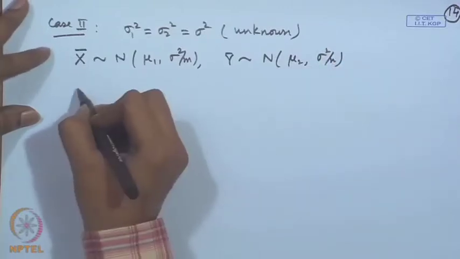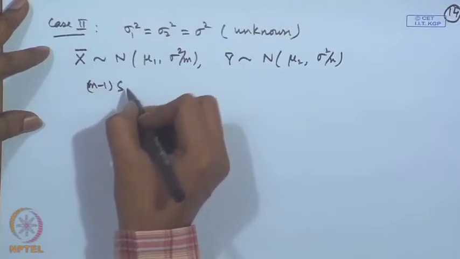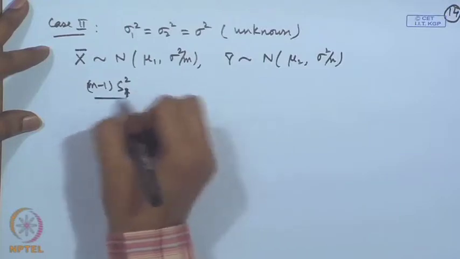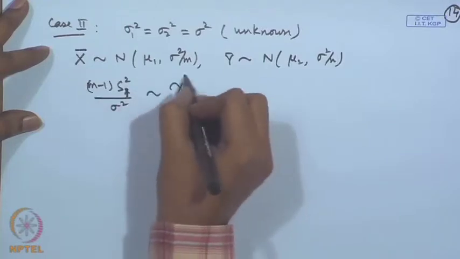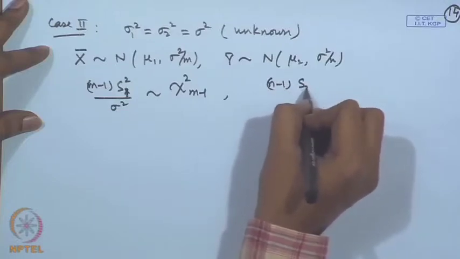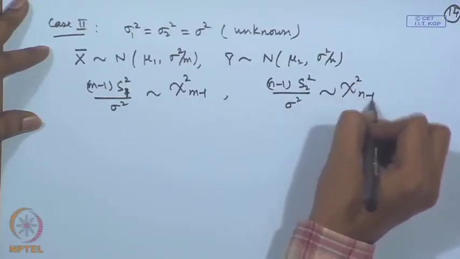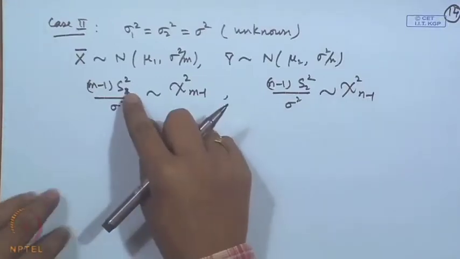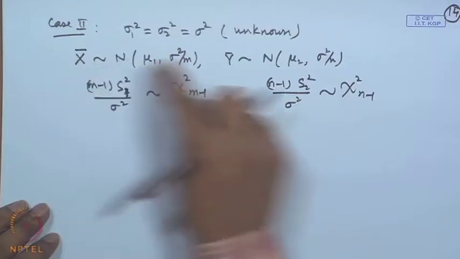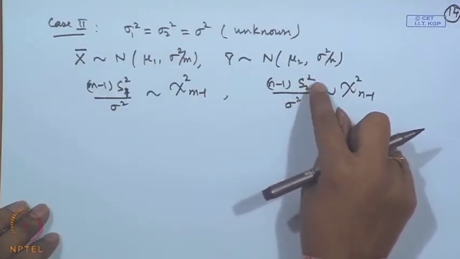But at the same time, let us also consider (m minus 1) s1 square by sigma square, that follows chi square distribution on m minus 1 degrees of freedom, and (n minus 1) s2 square by sigma square follows chi square distribution on n minus 1 degrees of freedom, where s1 square denotes 1 by (m minus 1) sigma (xi minus x bar) whole square, and s2 square denotes 1 by (n minus 1) sigma (yj minus y bar) whole square.